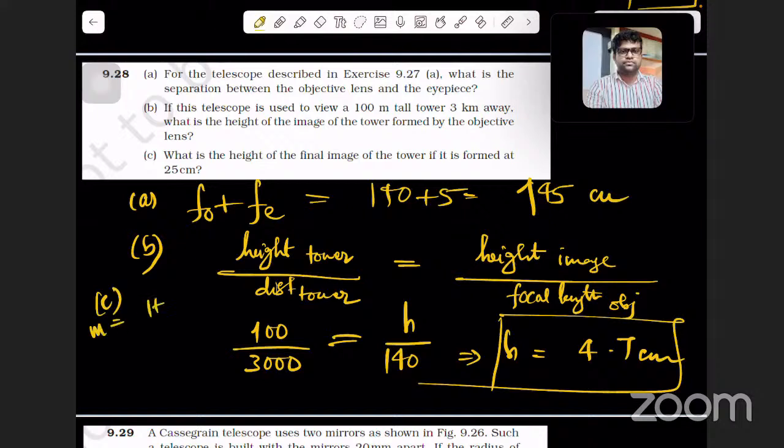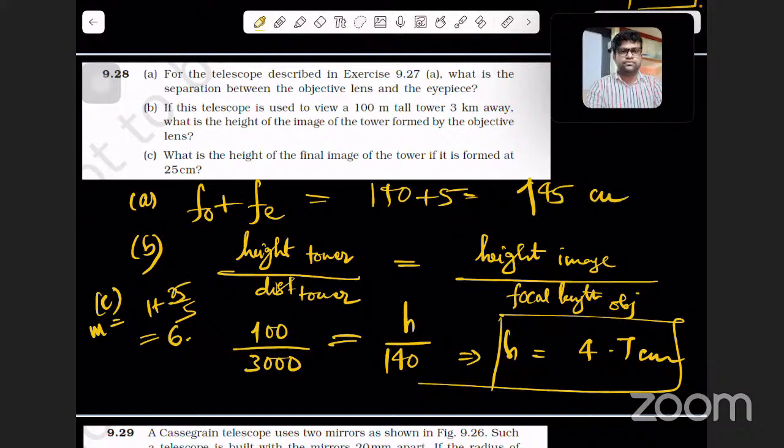So 1 plus 25 by 5, right? 25 centimeters, it's saying. Okay. So yeah, 1 plus d by fe. So 1 plus 25 by 5, which is 1 plus 5 is 6.